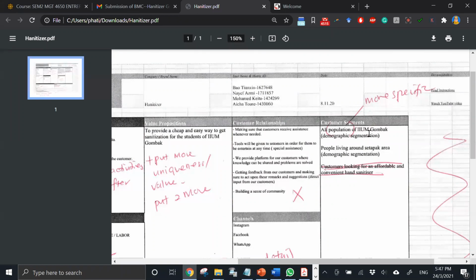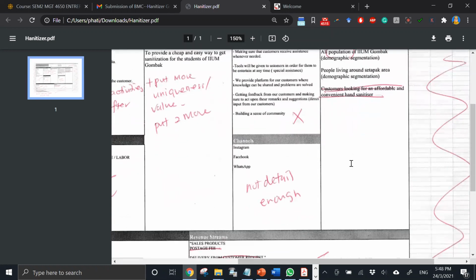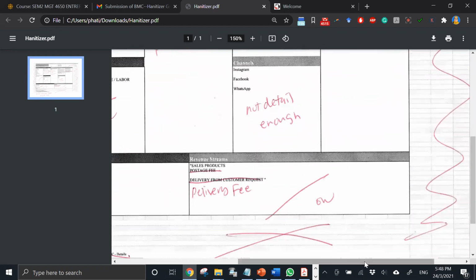So you can put the woman, and you put the location where you want to target. You are not covering the whole world. For example, you are selling around Malaysia, so women in Malaysia. Or maybe you are targeting only IIUM Gombak, or people living around Star Park area and all. For channels, you must put the name of the channel.